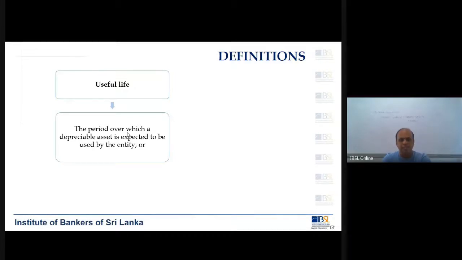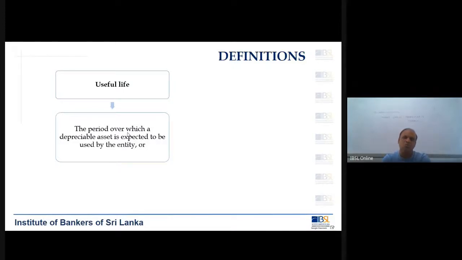And this is entity specific. That is, if you think that you can use the computer for 5 years, another person might come and say that, no, my computer can be used only for 4 years. So the 5 years that you decided becomes your useful life, whereas the 4 years decided by another person becomes their useful life.